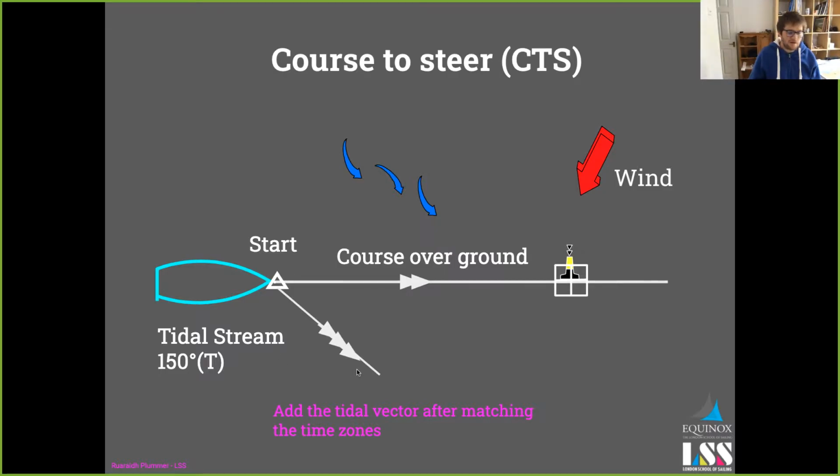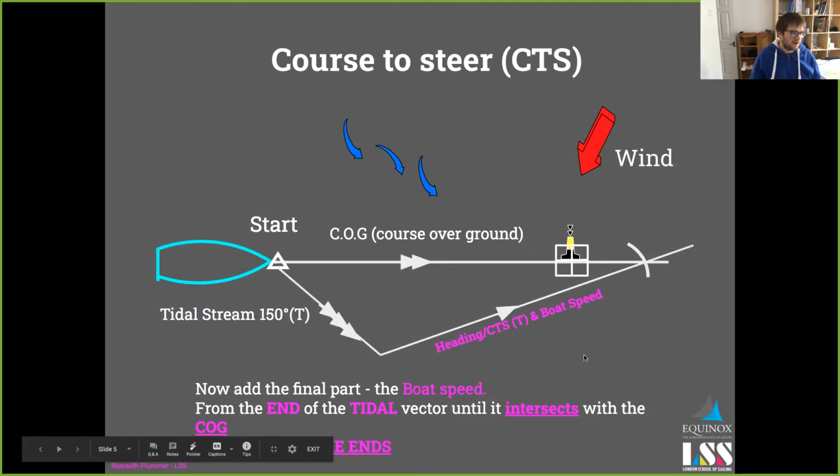Whatever our boat speed is going to be, picture this: we plot our boat speed on from the end of the tide, and wherever that intersects is the answer. Here, my boat speed has intersected the course over ground beyond the waypoint, for example.